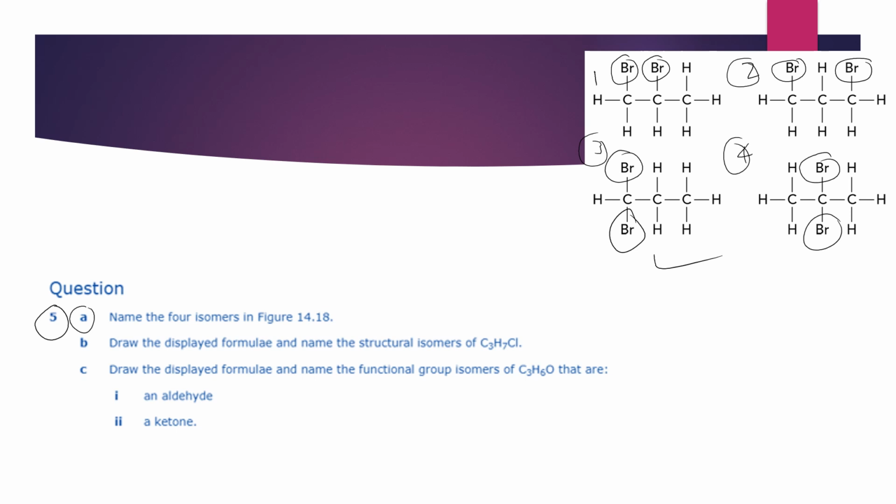Number B. Draw the displayed formula and name the structural isomers of C3H7Cl. So this is a halogenoalkane. The halo is chloro, Cl, chlorine. The alkane with 3 carbons is propane. So this one is chloropropane.